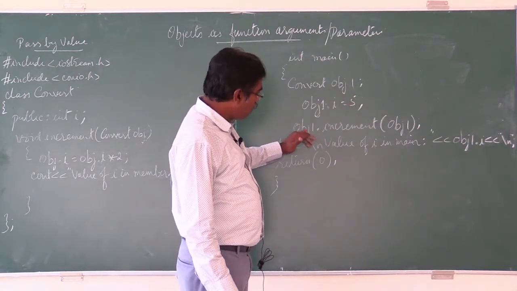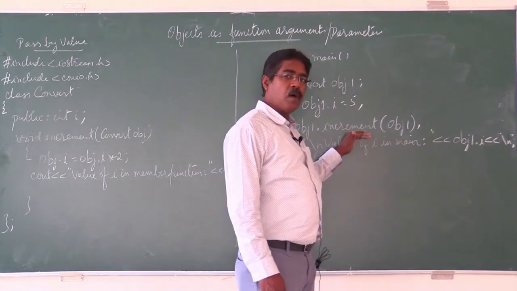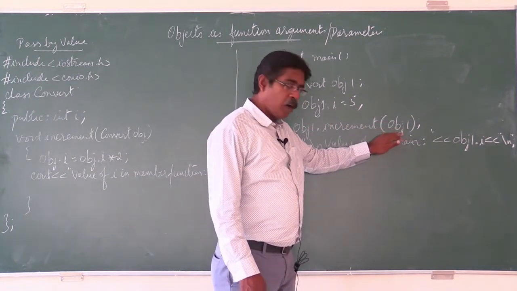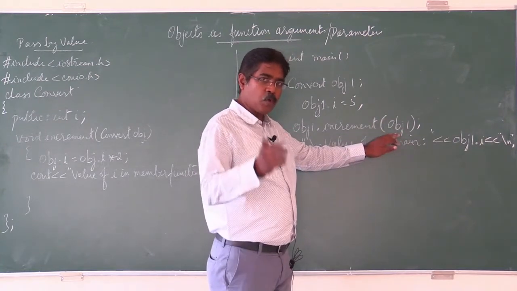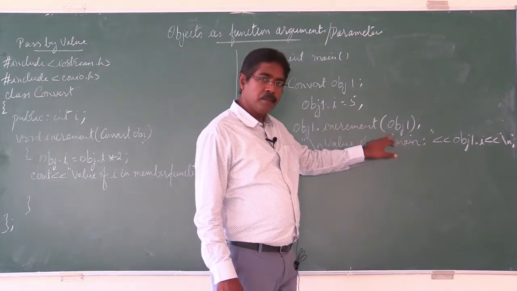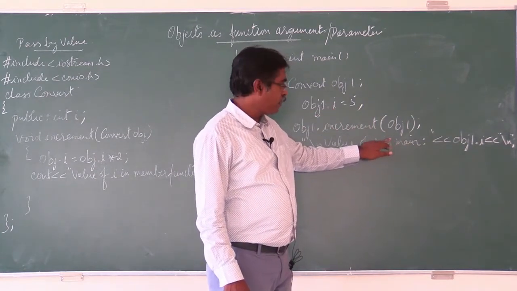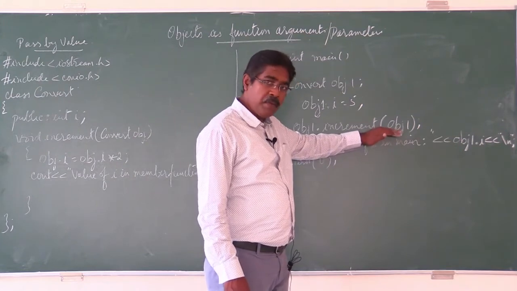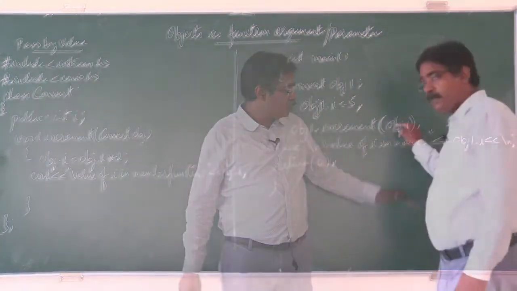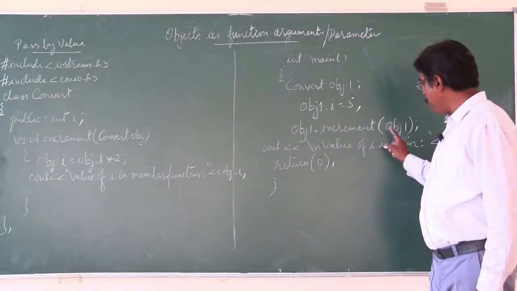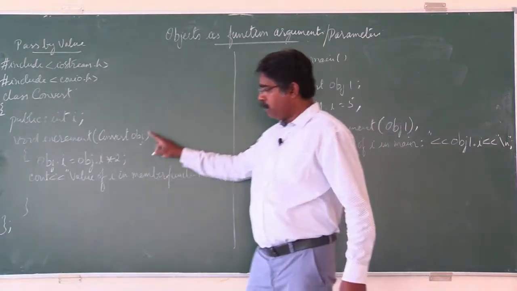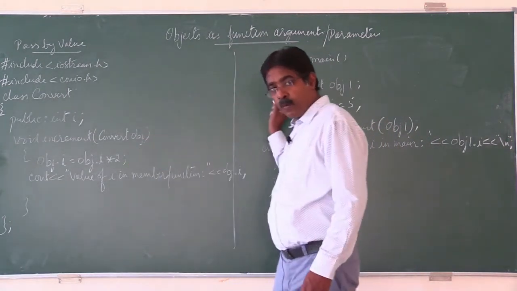Then obj1.increment, we are making a call, and the argument is obj1 itself, because obj1's I has the value 5. Hence, we are giving from one object to another object, obj. When the value has been passed, that is, passed by value, 5 is passed on to obj from obj1.